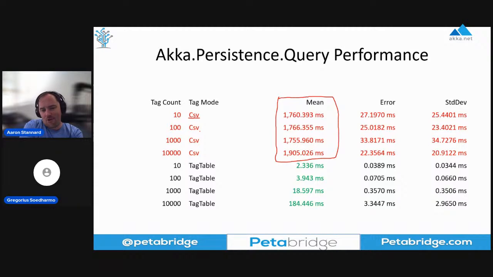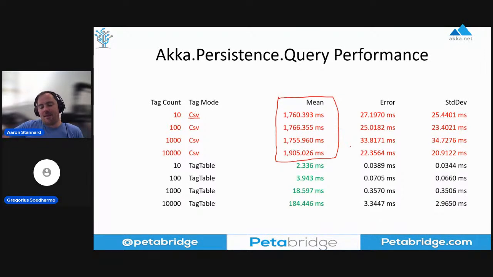This meant that when you wanted to do a tag based query, I'll talk about what tags are in just a second, it was a full table scan plus having to parse those comma separated values out of each one of the items in the table. We have some customers that have event journals that are greater than 1 billion events in length.